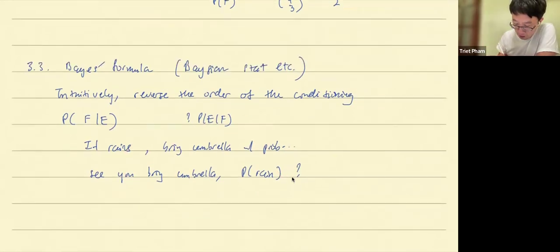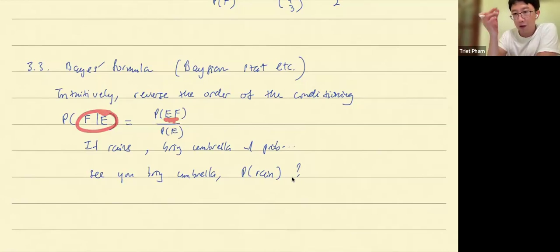Bayes formula. All right, so in the details, I'm going to write down a few things and then I want to tell you maybe a more practical way to do this. Basically, suppose you want to compute P of F given E. Then you just start with the definition. It's P of EF over P of E, not P of F. And notice the key is that P of EF still shows up in P of F given E because intersection is symmetric. EF and FE is the same thing as intersection.